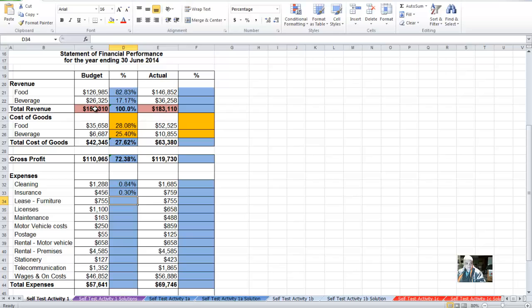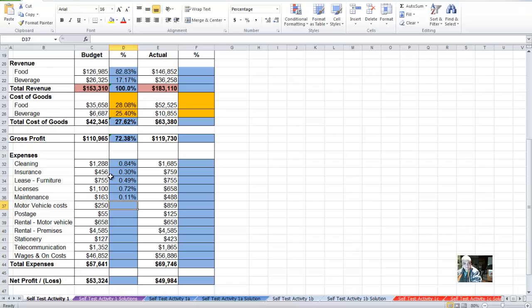Equals furniture divided by total revenue. Oops, do it again. Equals furniture divided by total revenue. Equals licensing divided by total revenue. Equals maintenance divided by total revenue. Equals vehicle divided by total revenue.